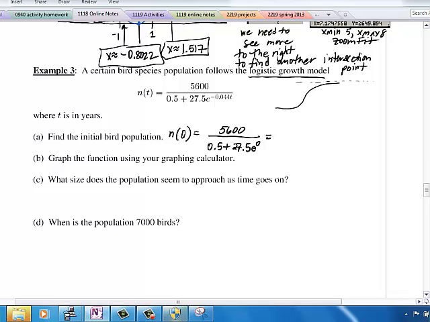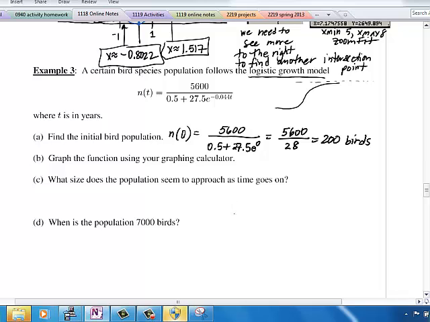So 5,600 divided by 28. That would be 200 because 56 divided by 28 is 2, so 200. So the initial population would be 200 birds.